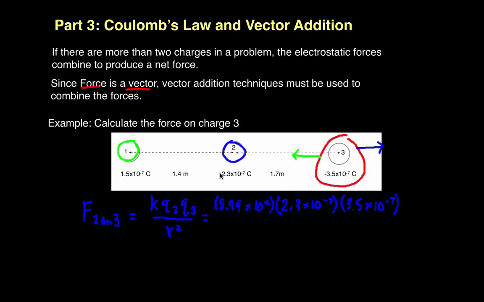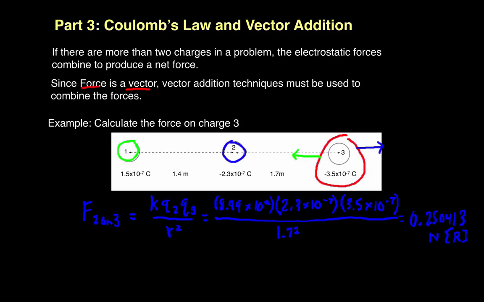Again, even though charge 2 and 3 are negative, we don't put the negative signs in because we determine the direction ourselves. Coulomb's law will not give us direction, so we don't want to get confused by extra negatives sticking around. The distance between them is 1.7 meters, and this is squared. This gives us a force equal to 0.25041 newtons to the right.